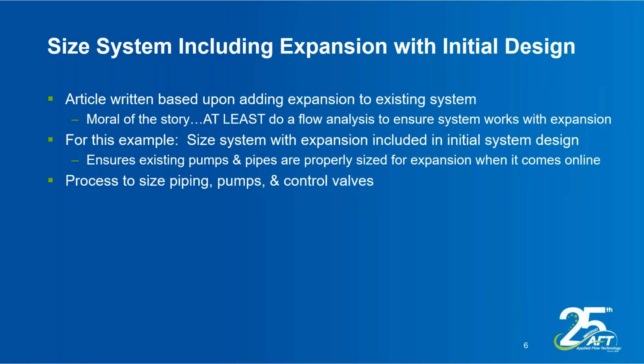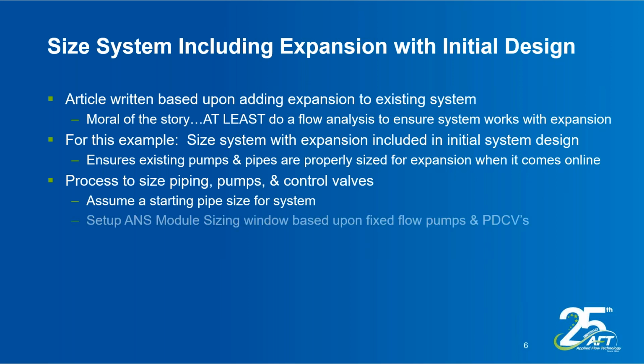So here's the process on how you would go about sizing the pumps, the pipes, and the valves. First, you would have to start with a pipe size guess. So there's a certain pipe diameter that I built in as a starting point, and then you would set up the ANS module sizing window to put together all of your design requirements and things like that.